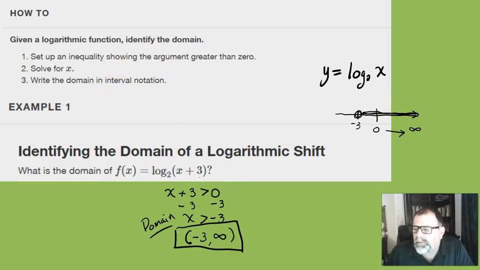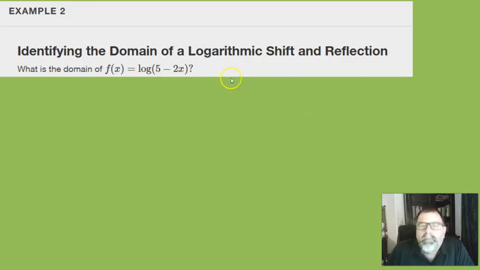So again, we can think about the transformations if you want, or you could just say, okay, let's take the input value here, the input argument, 5 minus 2x. And we know that for the parent function, that has to be greater than 0. Okay, and then just solve this for x.